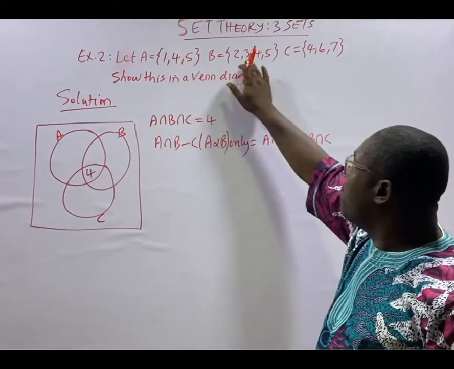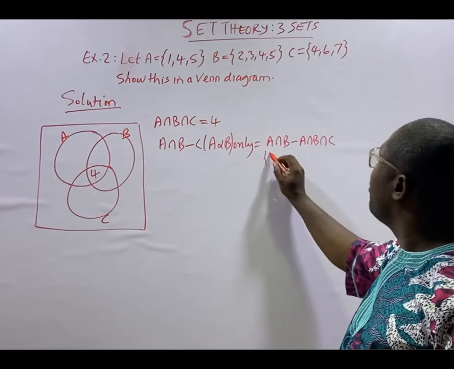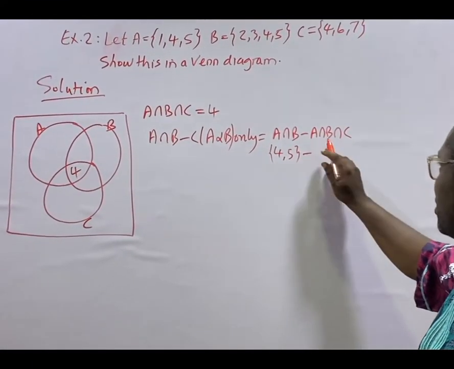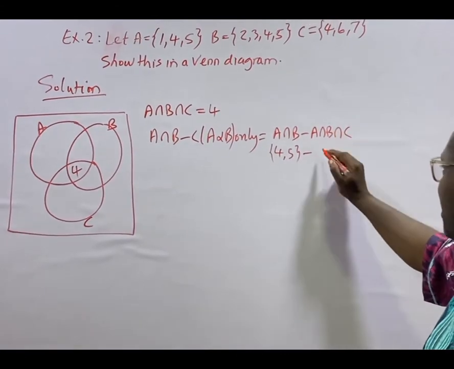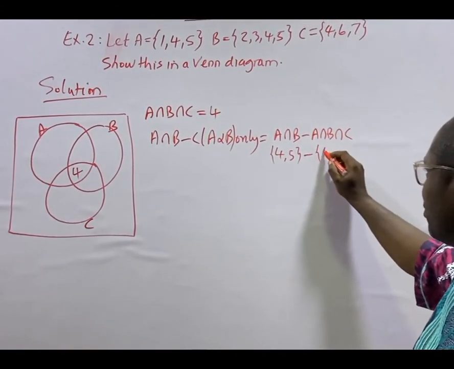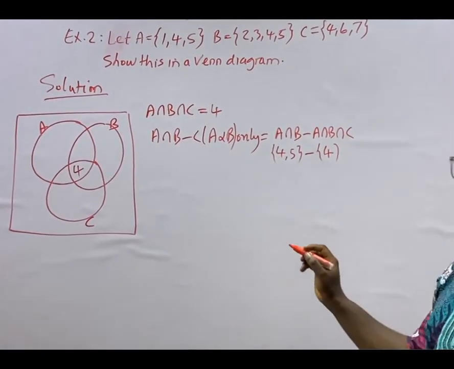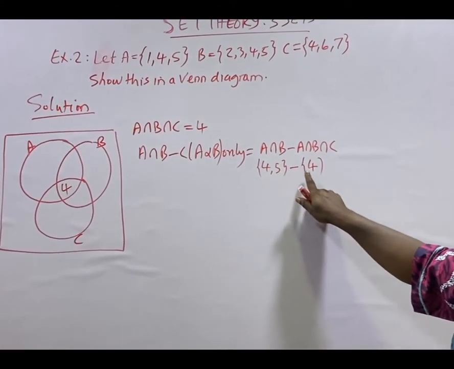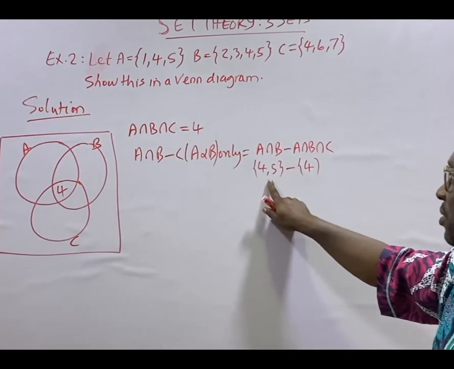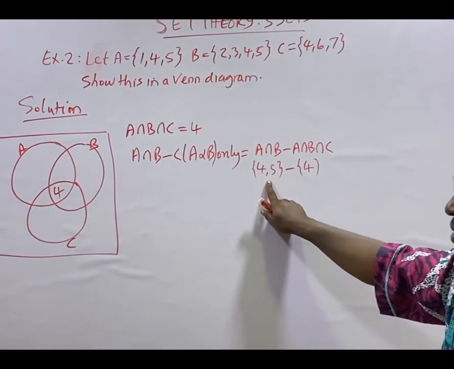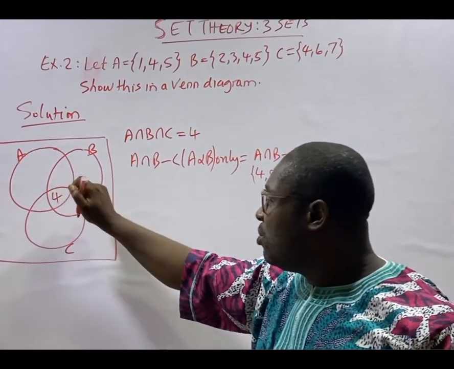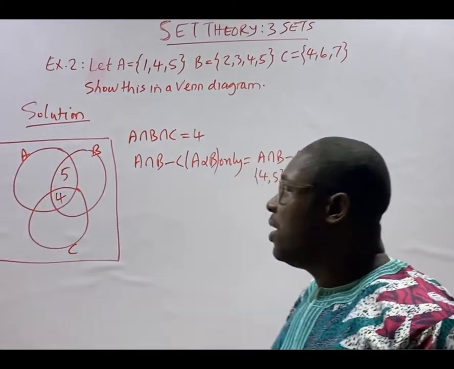So 4 and 5 is common, minus A intersection B intersection C, that will be 4. If we have 4 and 5 and we remove 4 from it, what will be left? We'll be left with 5. So to have A and B only, we put 5 here.